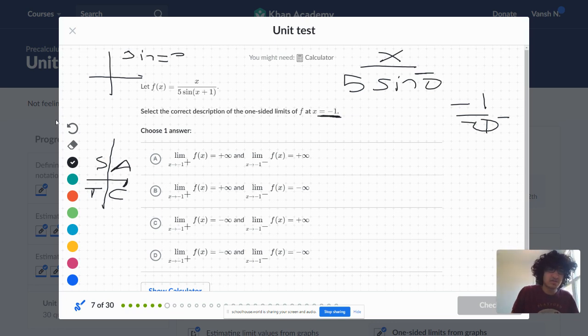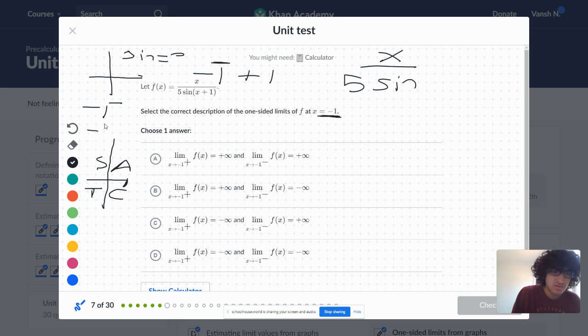Actually, wait, no, that's actually wrong, I think. It'd be -1 from the left plus 1, and then -1 from the left is basically -1.01, something like that, right? So that would be negative. Okay, fine.